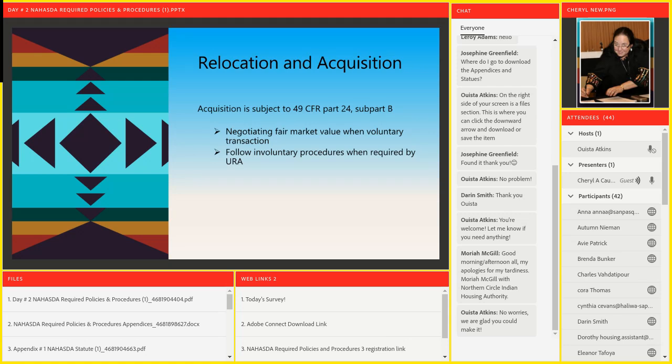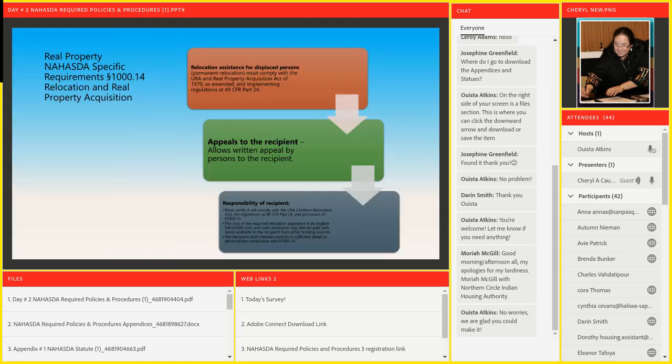Relocation and acquisition: the acquisition is subject to 49 CFR Part 24, Subpart B. You negotiate fair market value when it's a voluntary transaction, following involuntary procedures when required by the URA. Real property NAHASDA specific requirements are at 1014, relocation and real property acquisition.